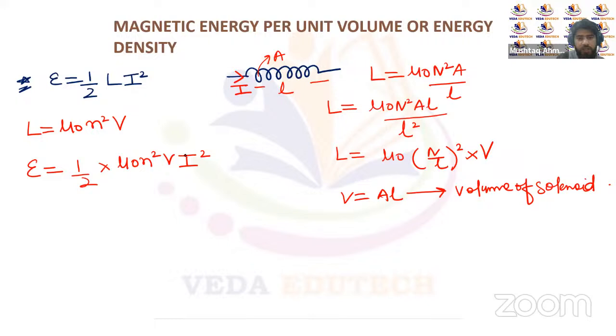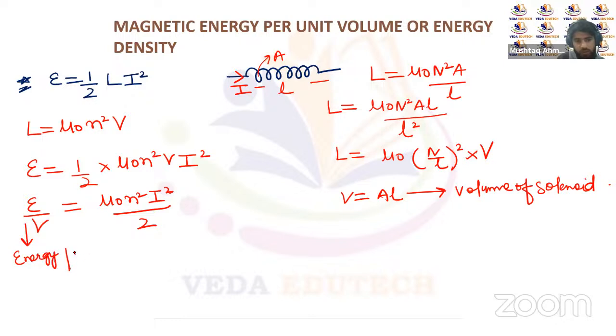Now, if we take this volume on the LHS, we'll get energy per unit volume, that's mu naught n square I square upon 2. This is the energy per unit volume, and this is what we call energy density.